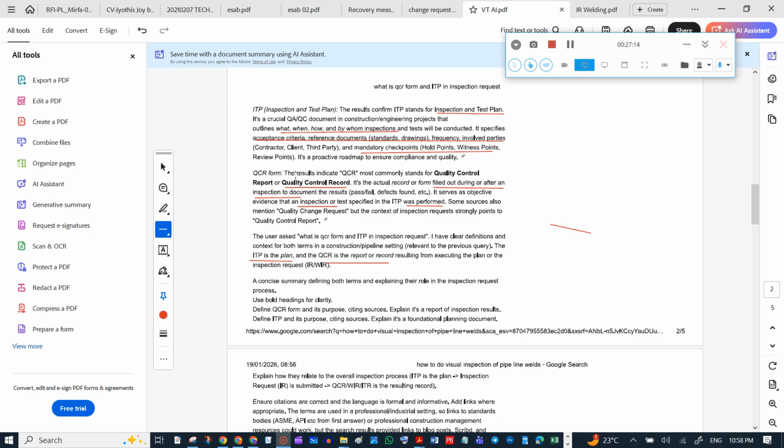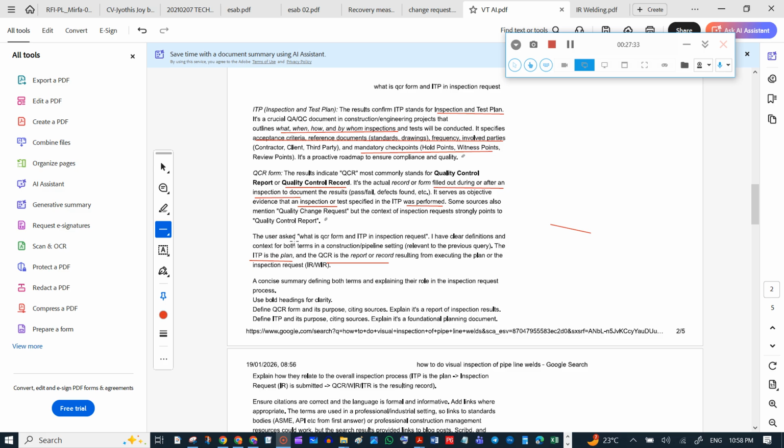QCR form, on the other hand, is a quality control record. It is an actual record or form filled out during or after the inspection to document the results. It serves as objective evidence that an inspection specified in the ITP was performed.